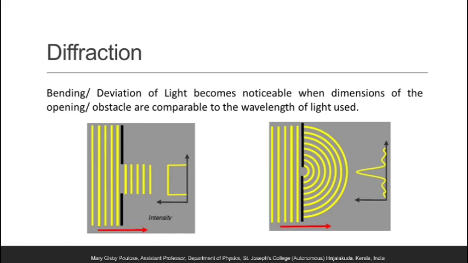Each of these wavefronts will produce secondary wavelets, and these secondary wavelets will again mutually interfere with each other. This interference between the secondary wavelets will finally produce the diffraction pattern, and the intensity profile of the diffraction pattern is given here.